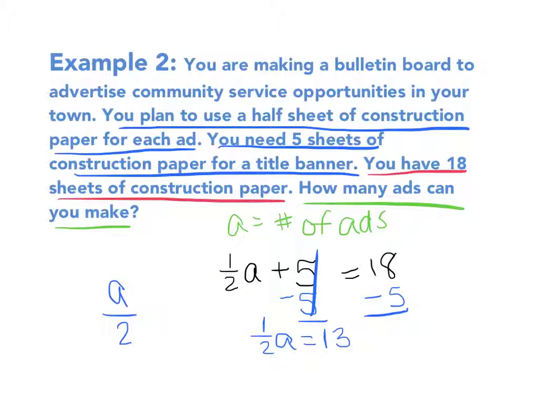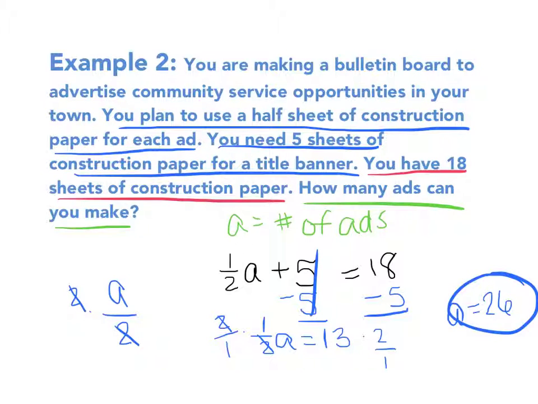So to get rid of fractions, we either multiply by the reciprocal, if you remember that term, or just 2 over 1 to cancel out those 2's that are in the numerator and denominator now. So if I multiply by 2 over 1 on this side, I have to multiply by 2 over 1 on this side. So a is going to equal 26. We can make 26 ads with 18 sheets of paper.